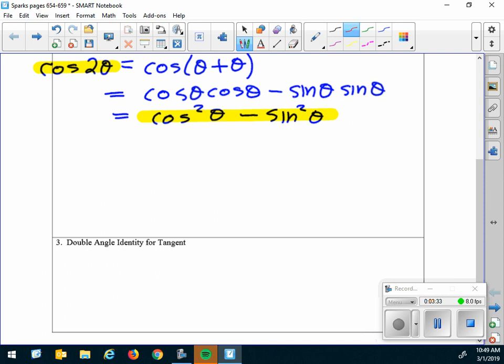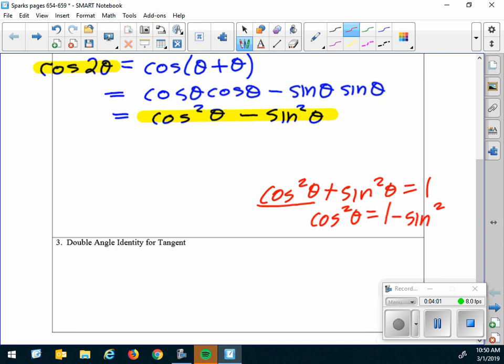Now, let's think about the big kahuna. Remember, big kahuna says cosine squared theta plus sine squared theta equals 1. What is a substitution I could make for cosine squared theta? 1 minus sine squared theta. Good. If I subtract sine squared theta from both sides of this, I get cosine squared theta equals 1 minus sine squared theta.